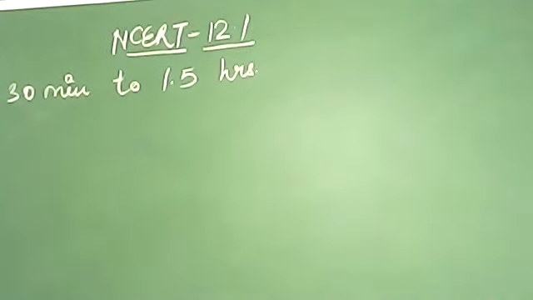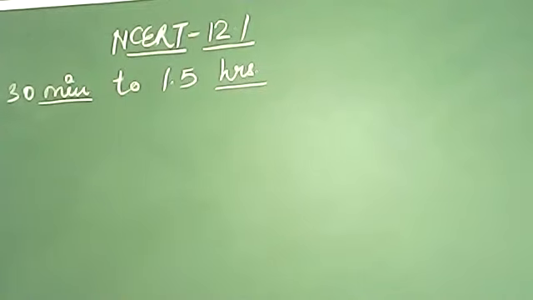Now question number 7. In question number 7, the question is again to find the ratio of the following. But if you see the question, there are different units in both the terms. Okay? You have minutes here and you have hours here. It means the first thing you know is that both the units are from time only. ठीक है, time से hour आता है, time से ही minute आता है.